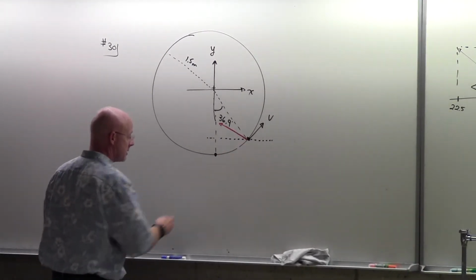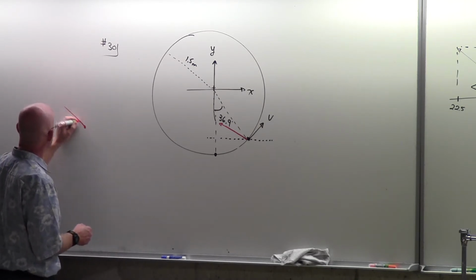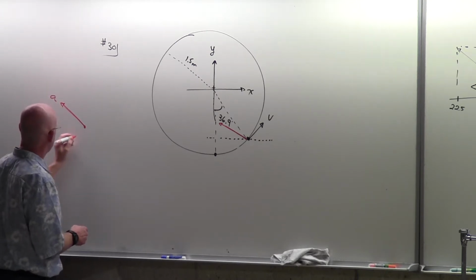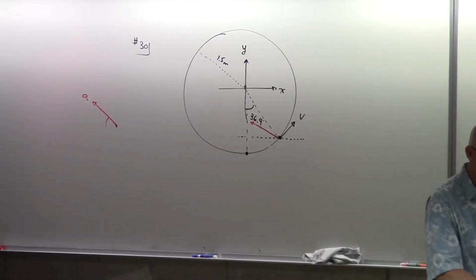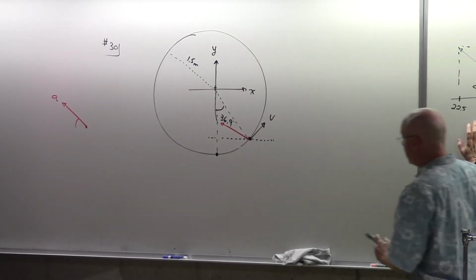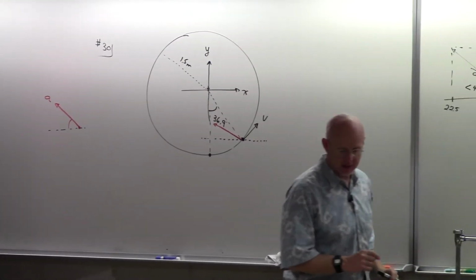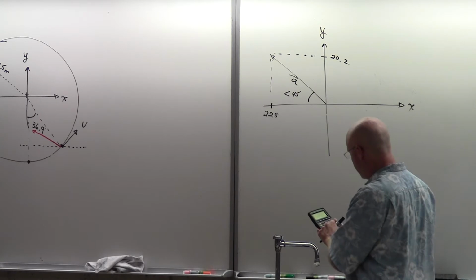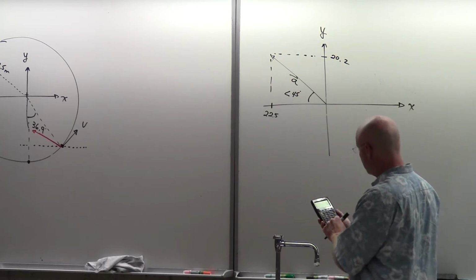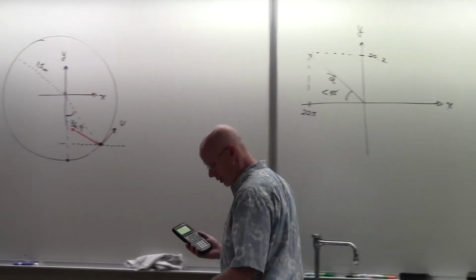Maybe I should draw this a little better here. Here's the point. Here's the acceleration vector, a. What is that angle? As I mentioned in this picture, it looks to me like it's a little less than 45 degrees. But let me get it accurately. I'm going to go inverse tangent of the 20.2 divided by the 22.5. And that's 41.9 degrees.